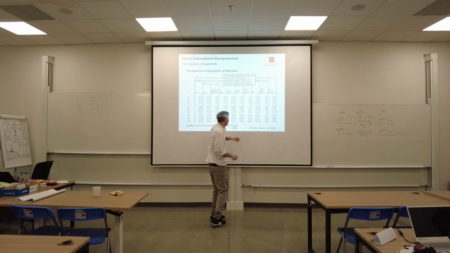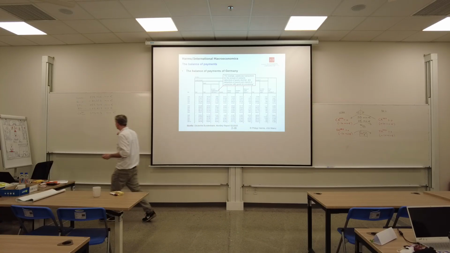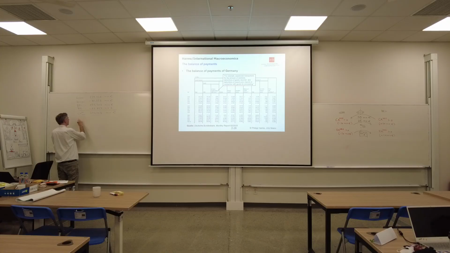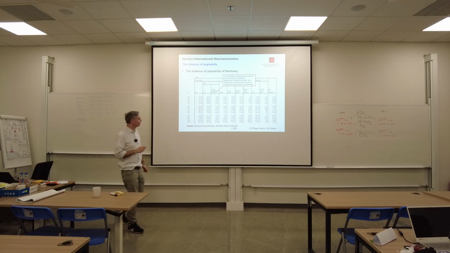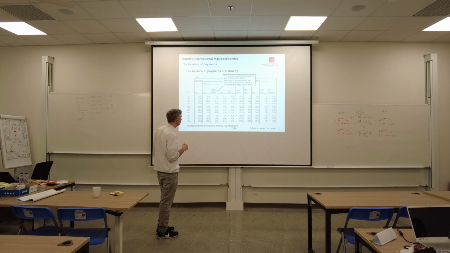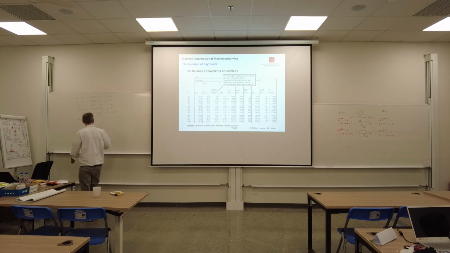The capital account in Germany in 2024 was actually not that small. It was minus 19,892 million euros.